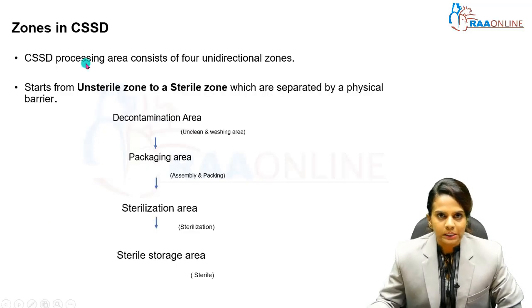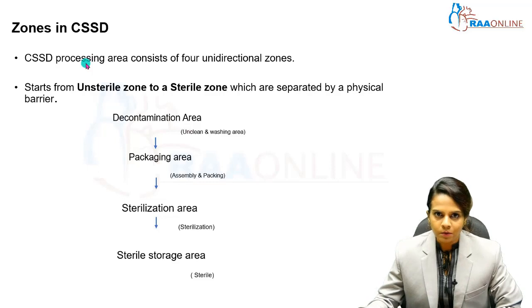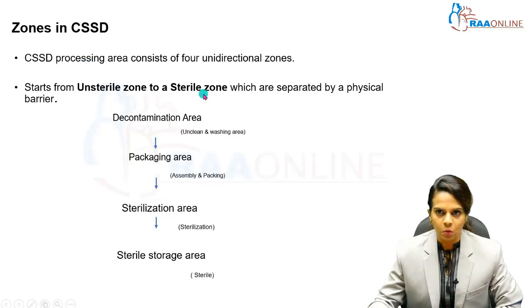Coming to the zones, the CSSD processing area consists of 4 unidirectional zones. It starts from the unsterile zone to a sterile zone, which are separated by a physical barrier. First comes the decontamination area, where the washing process takes place; it is an unclean and washing area.